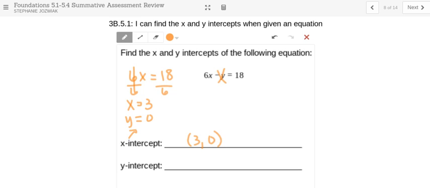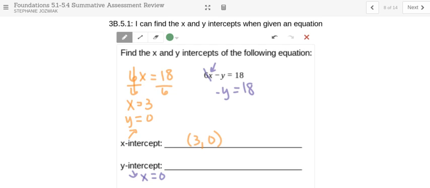Always remember to write your x and y intercepts as coordinate points. So if we take a look at part 2 then, to find the y-intercept, we know that means plug in x equals 0. So for this x value right here, if we were to plug in 0 and this whole thing would cancel, we'd be left with negative y is equal to 18. Now don't lose that negative sign.